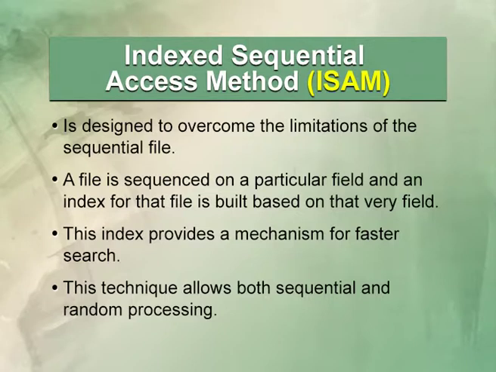So, this access method improves the mechanism of faster search. This technique allows both sequential as well as random processing, and a file is sequenced on a particular field and an index for that file is built based on that very field. So, here you can see an additional introduction called the index file.